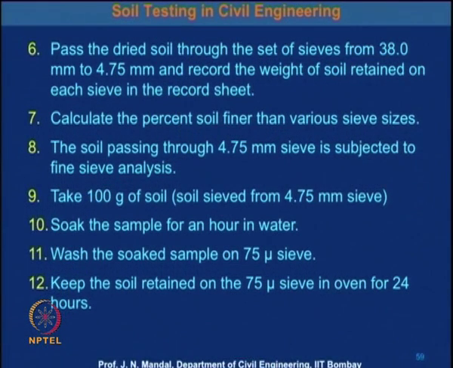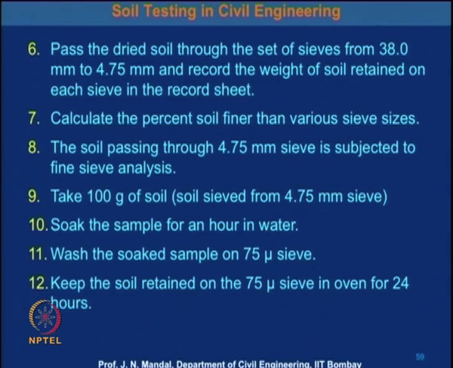So, this is the procedure, and then pass the dried soil through a set of sieves from 38 millimeter to 4.75 millimeter as I told you, and record the weight of the soil retained on each sieve in the record sheet.